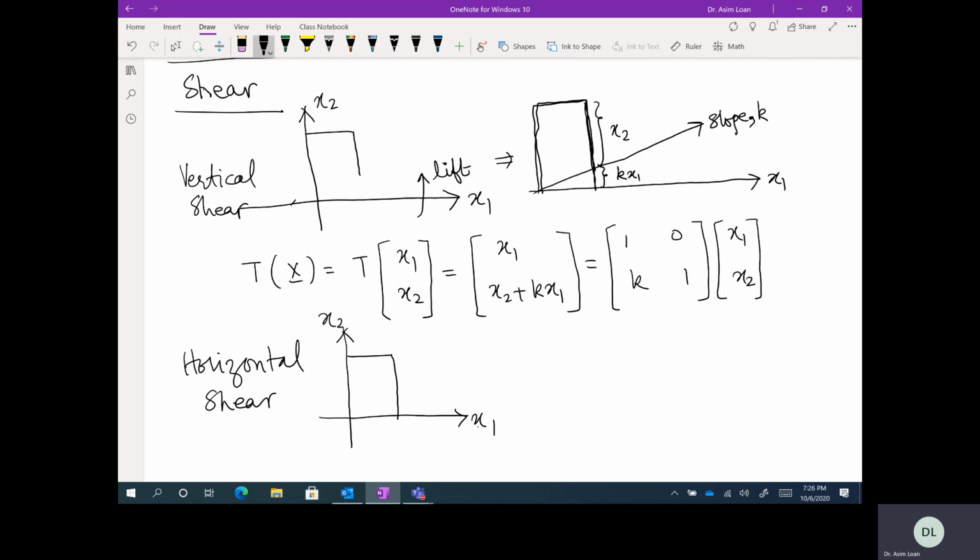If I do a horizontal shear, which means I push over here, it is going to be like this.